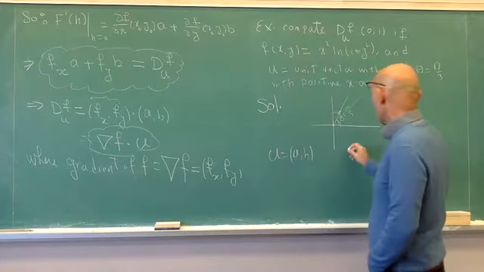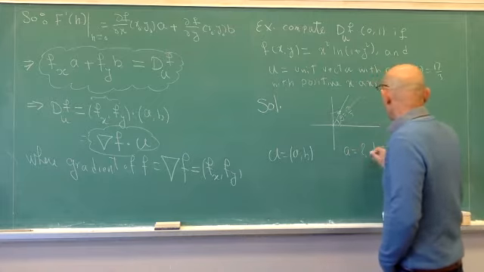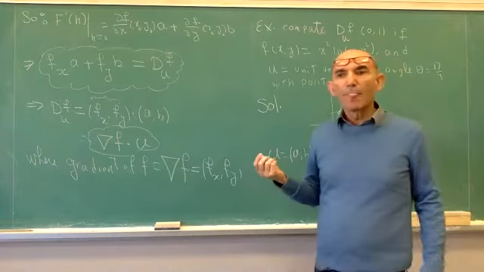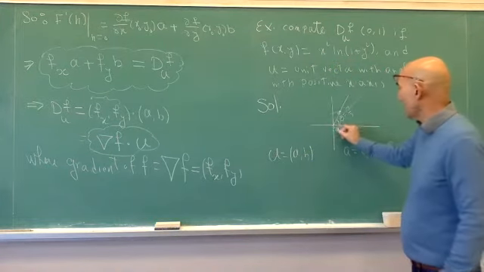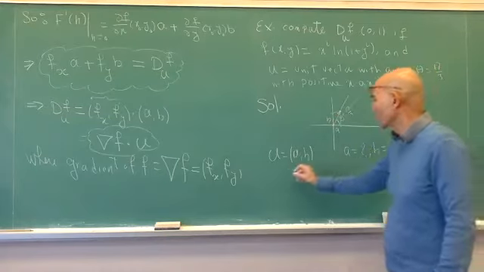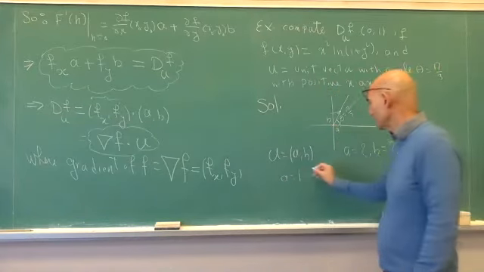Now you have to understand what a and b are. Can you tell me what a and b are? Yeah, of course, exactly. So a is equal to cosine of theta, that angle.